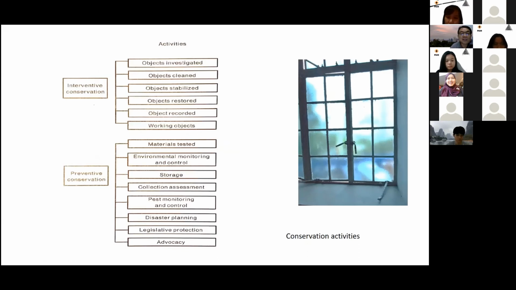Then the activities: interventive conservation and preventive conservation. Intervention means something that is physical. You're going to damage it a little bit. Preventive is the opposite, you try not to. It's just like a non-destructive test and a destructive test. Non-destructive means you use some instrument, like x-rays, whereas destructive, you use a hammer or chisel to dig and break it up to study what is inside.